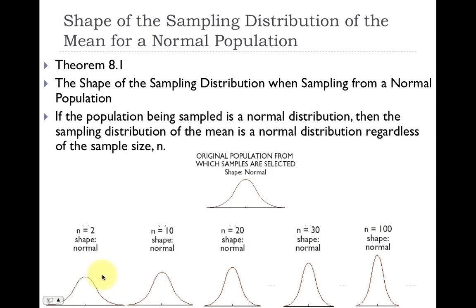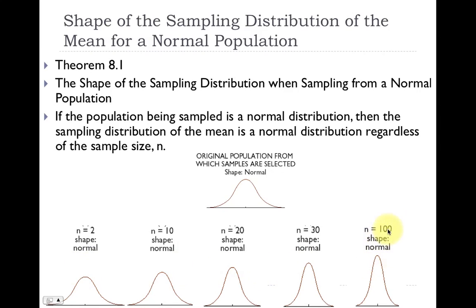While the curve takes on a slightly different appearance, because what's happening with that larger value of n is that you get more data values clustered about the center, because we saw our standard error decreases, which means we're going to have values that are closer to the mean. And because the values are clustered about the center, you get this peak that seems larger or higher than all the others as n gets bigger.